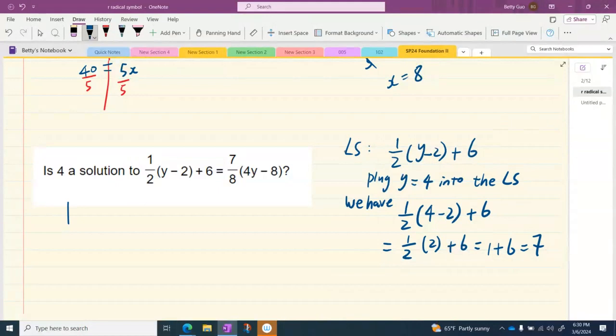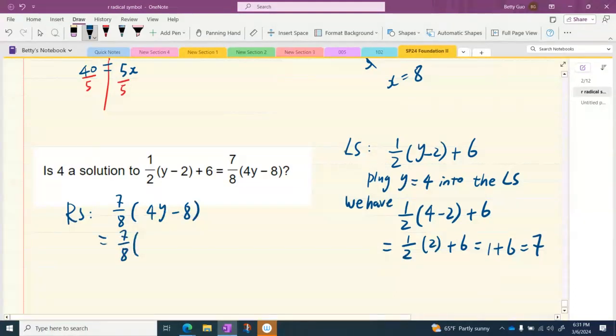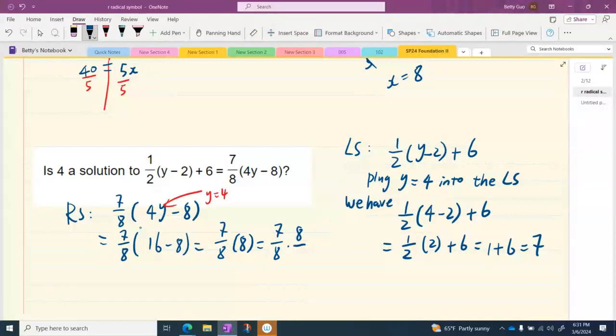And let's see the right side. Right side is 7 over 8 times the parentheses 4y minus 8. Let's plug in y equals 4, because we are checking if 4 is a solution or not. 4 times 4 is 16, and 16 minus 8 is 8. 8 actually is 8 over 1, and by the butterfly method again, this twisted fraction is 1.